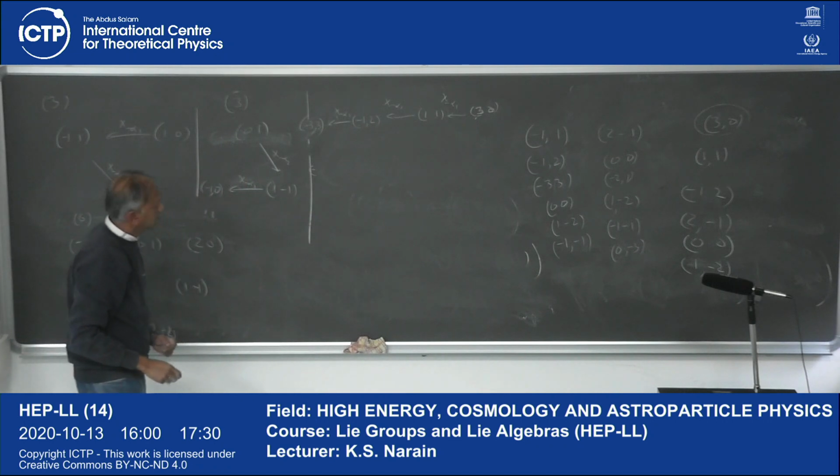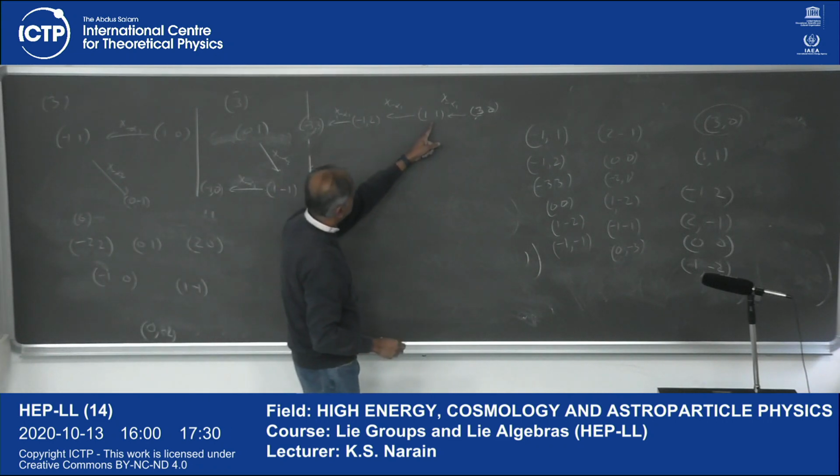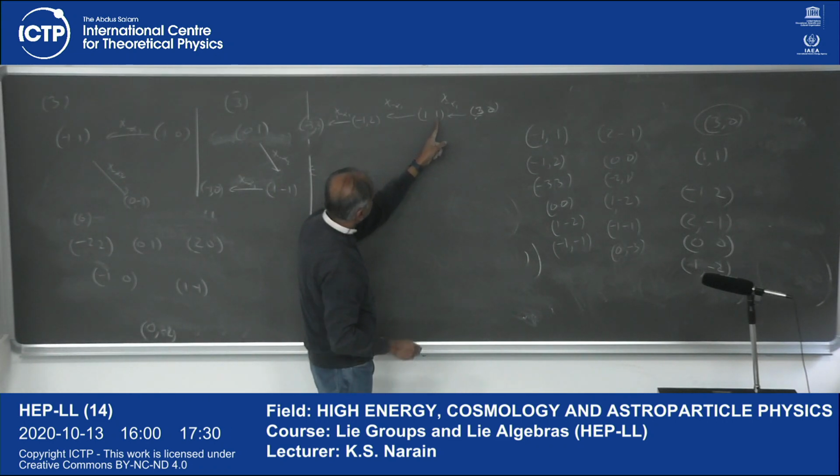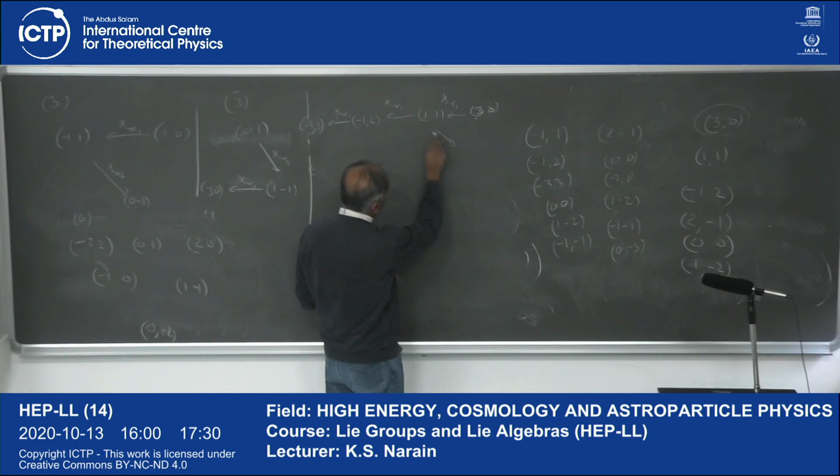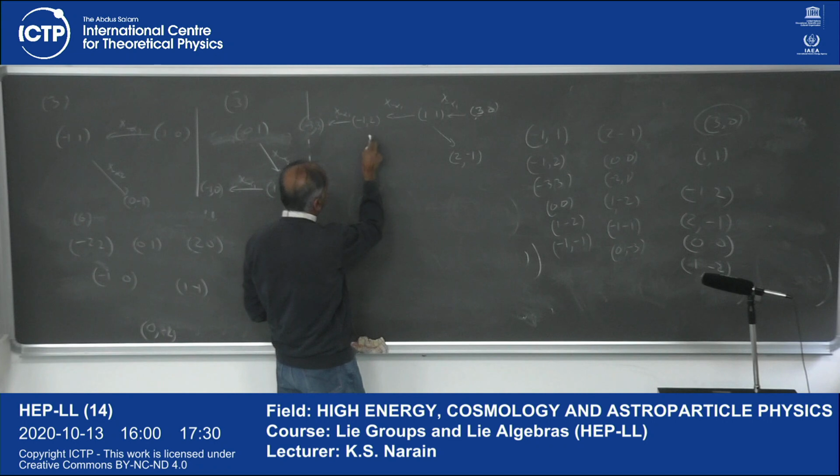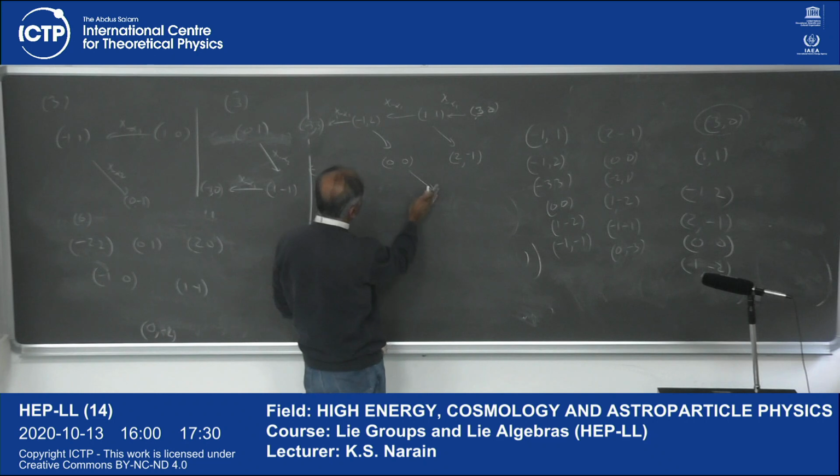That's that. But now these guys are a doublet of the second SU2. So apply minus alpha 2, so it's minus 1 and 2, that state. This is a spin 1, so there will be a 0, 0, and a state which will be minus 2, 1.